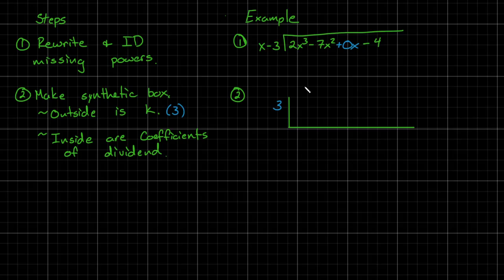Can you help me identify the coefficients of whatever we were dividing in the first place? 2, and it's x cubed, right? Okay, and then what's the next one? -7. The next one? A 0. And the next one? -4. All I've done is in this top row in my synthetic box, I just put these coefficients.